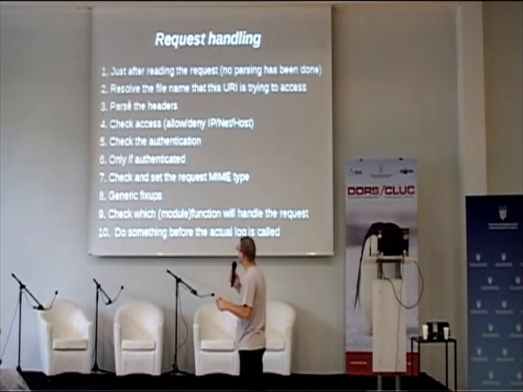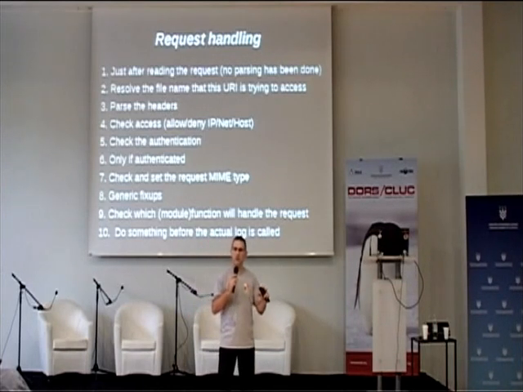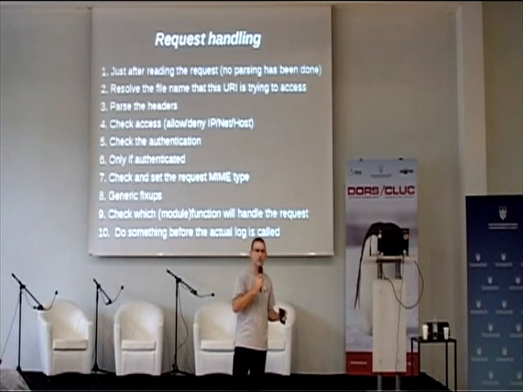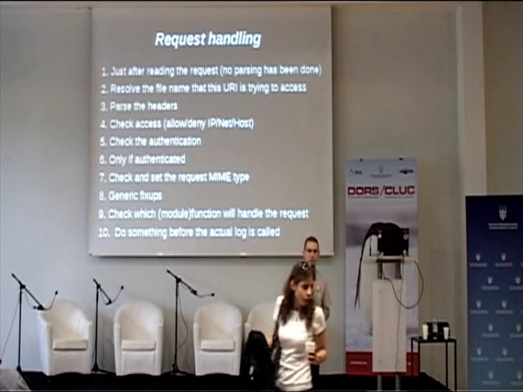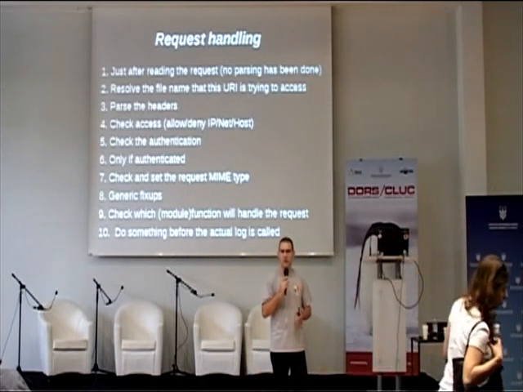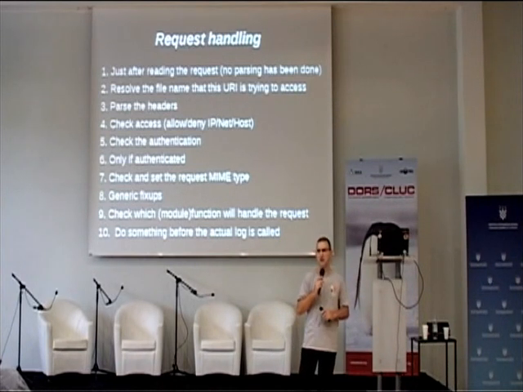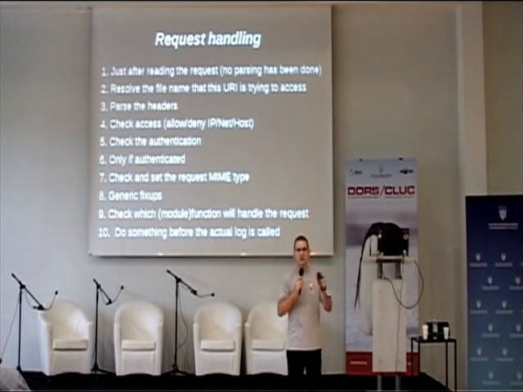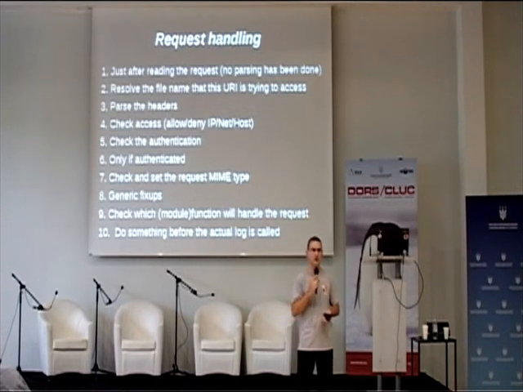Then you can resolve the file name. This means that from the URL, you translate the URL to a path within your file system. This is what Apache does at this step. And this is useful when you have virtual file storage, when you want to map a file that is located in a different place on the file system directly to a file that should be served to the client.